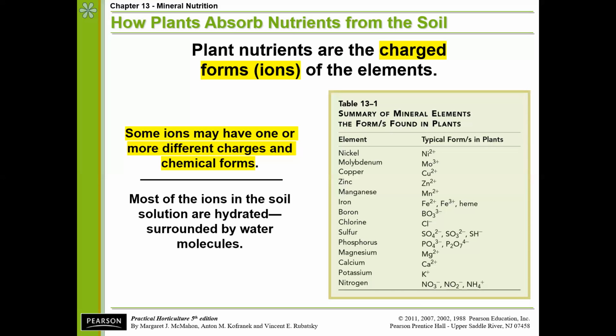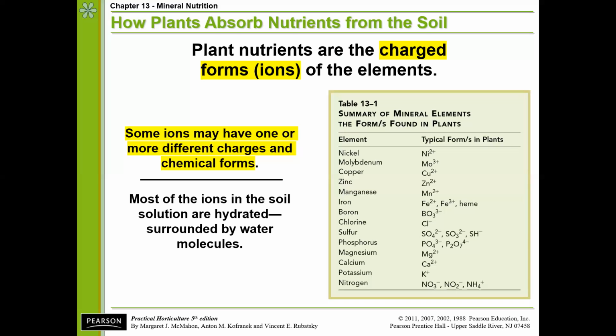It's generally found as a charged form of the element, which we refer to as an ion. And ions have different charges and different chemical forms. Sometimes it is just that, one element positively or negatively charged, and sometimes it is a molecule.